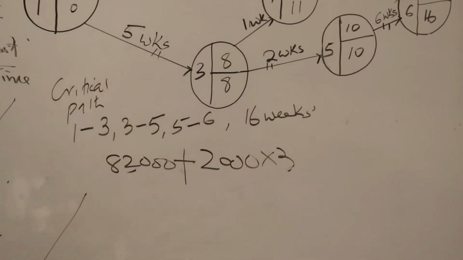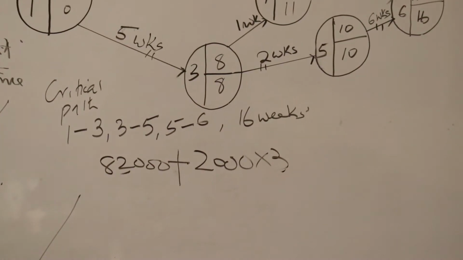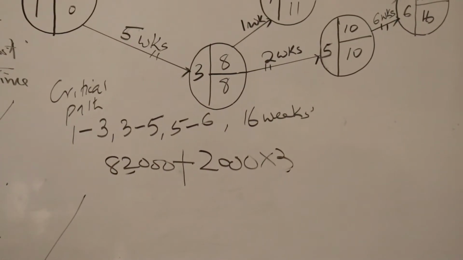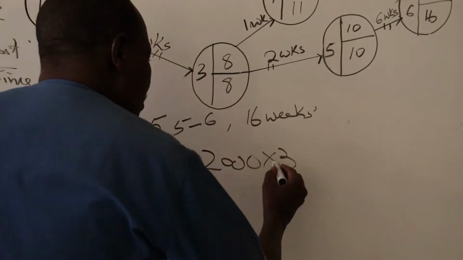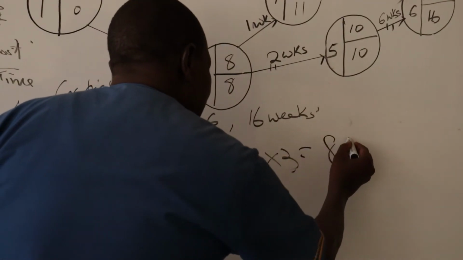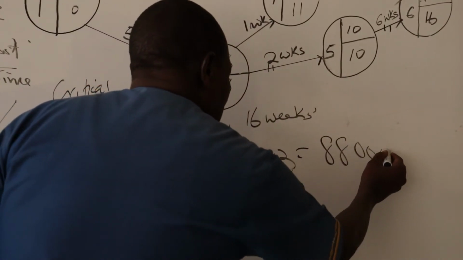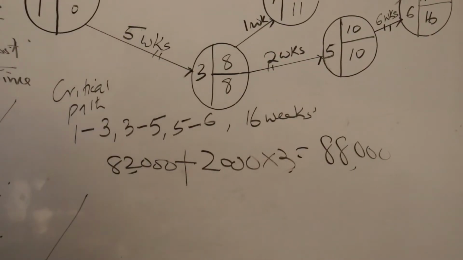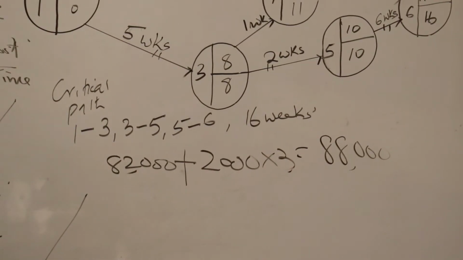That gives us 82,000 plus 6,000, which is equivalent to 88,000. And immediately we crash the activity, we have to draw another new network diagram.